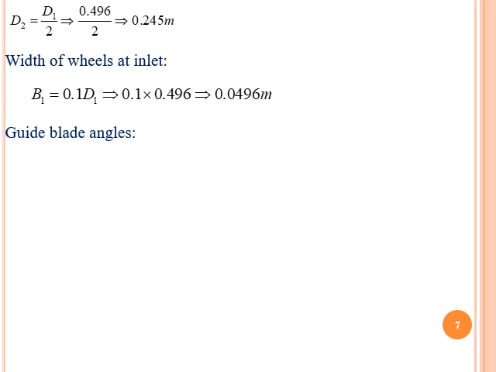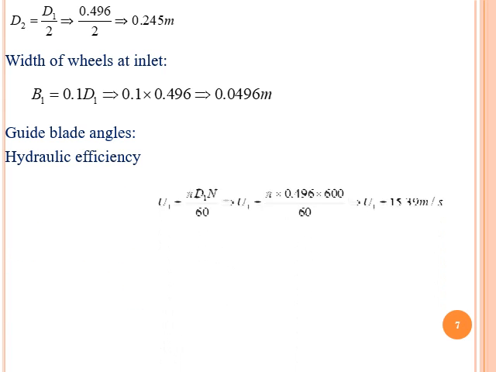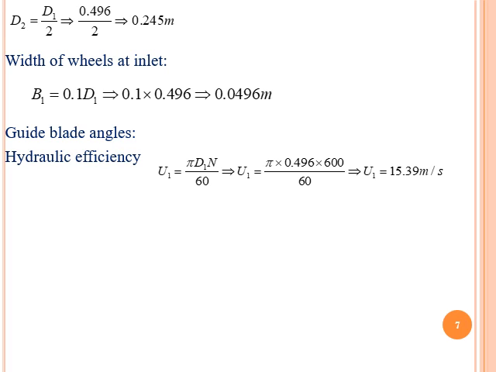Guide blade angles and hydraulic efficiency. Here, first of all, you have to find out the bucket velocity or blade velocity. That is calculated by pi d1 n by 60. So u1 is equal to 15.39 meter per second.